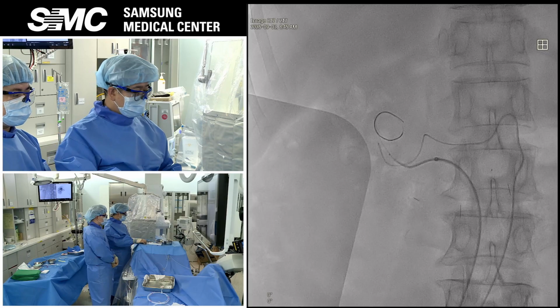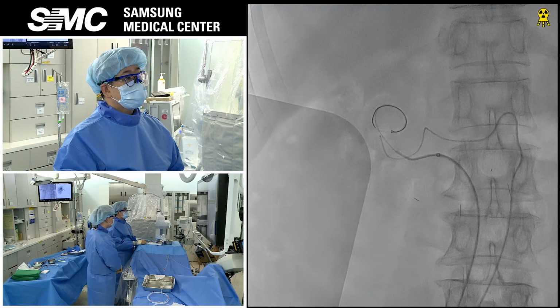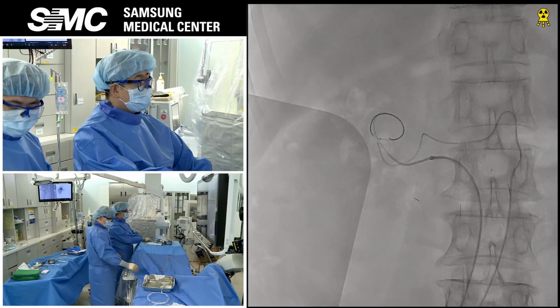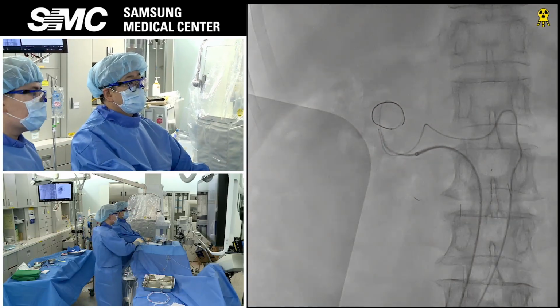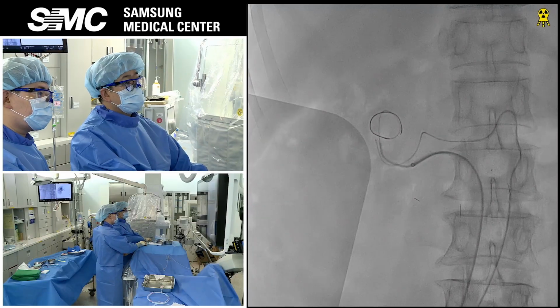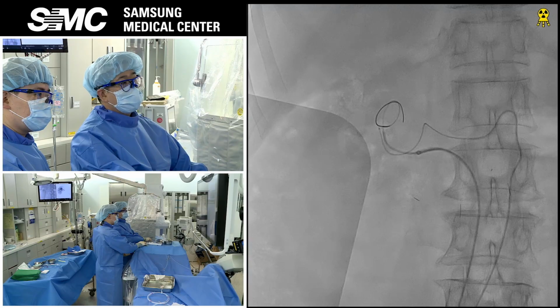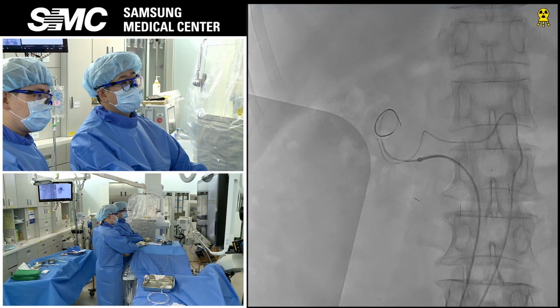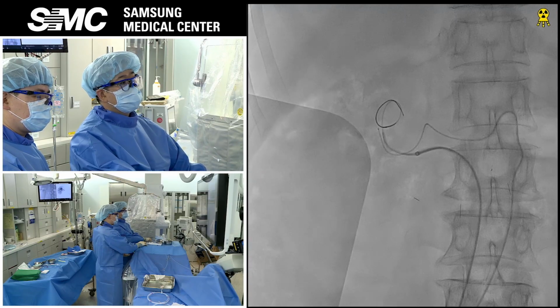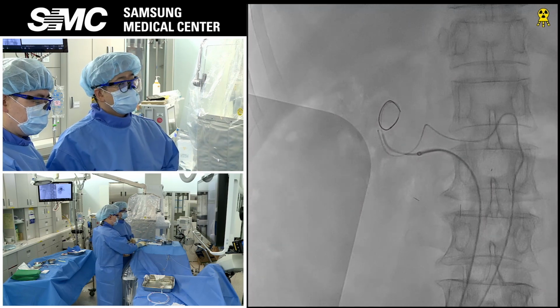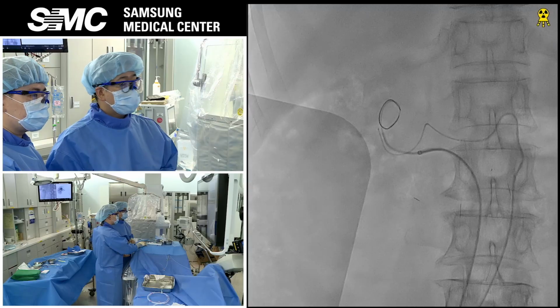Then we are doing transcatheter venography and evaluating the anatomy of the venous sac. But as you can see, the 4-French catheter does not follow the microcatheter, so the size of the hole is very small. So we cannot use a 0.035-inch coil.